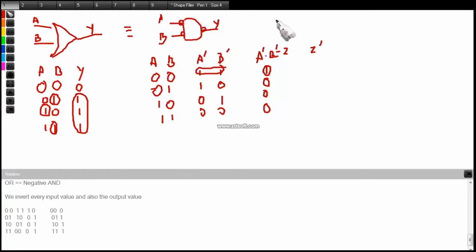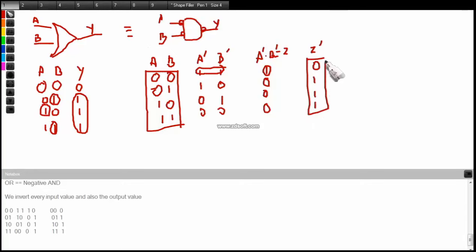But no, this is not the required thing. What do we require? We have to invert again. There is one inversion of this result. So after inverting, 1 will be 0, 0 will be 1, 1, 1. Now you check. This was the initial set of inputs, okay? And this is our final output obtained.